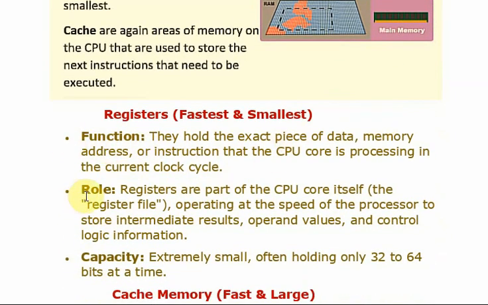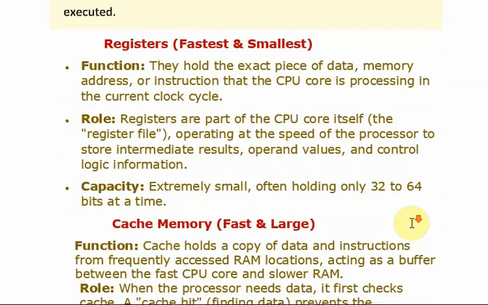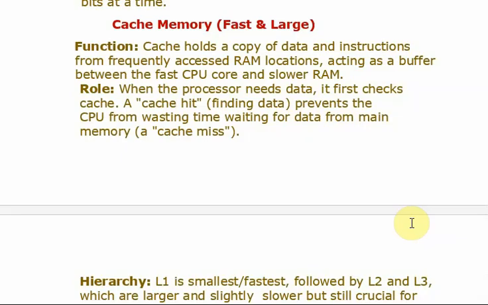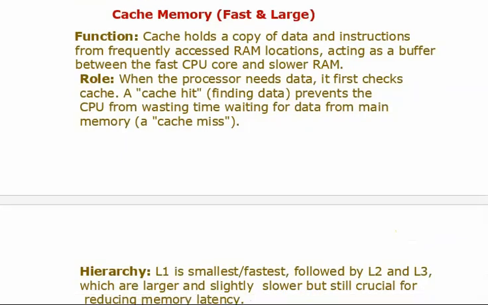Then register, these are the basic thing we need to know about the register, right? Function, role, capacity. Then cache memory the other kind of memory unit in the CPU, right here. Function, role, then the hierarchy. There are 3 levels, no need to worry about that.